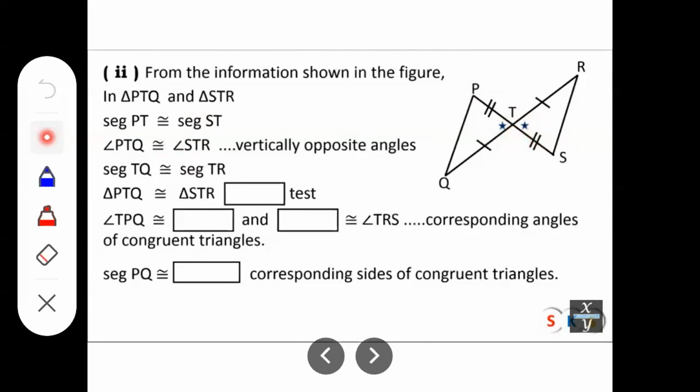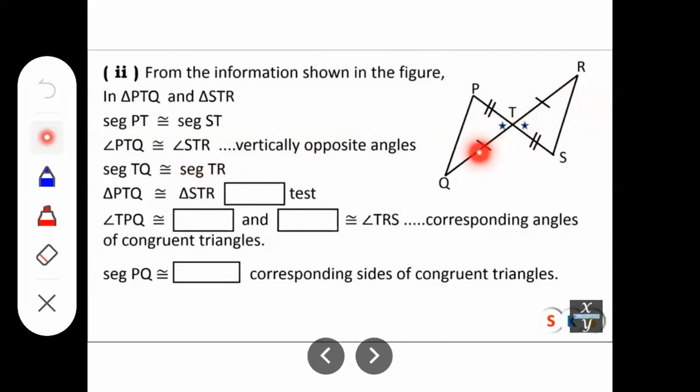Then angle PTQ is congruent to angle STR. This angle is marked with a star symbol. Angle PTQ is congruent to angle STR. Here this angle and this angle are vertically opposite angles, so they are congruent to each other. And segment TQ is congruent to segment TR.